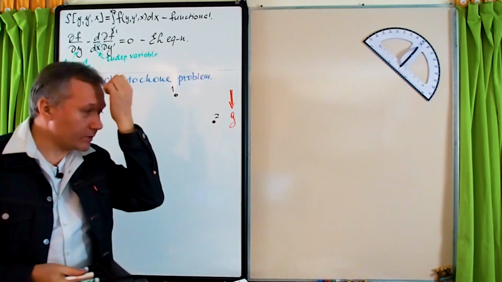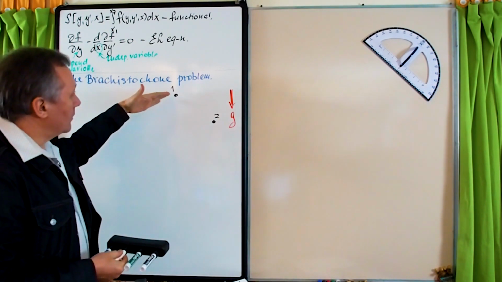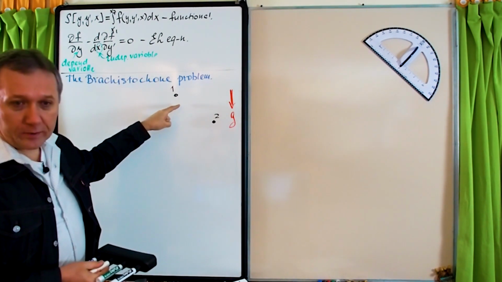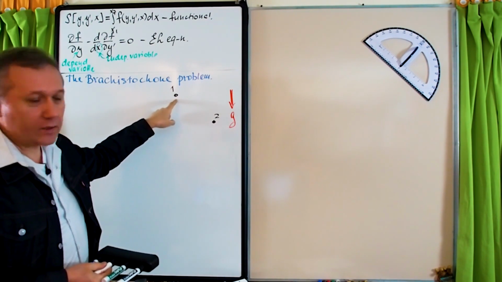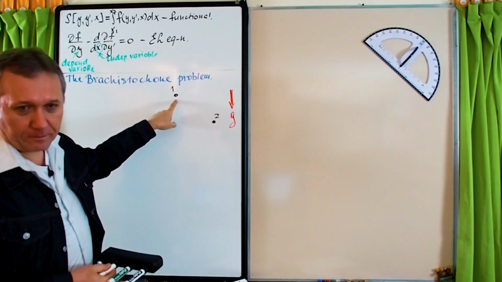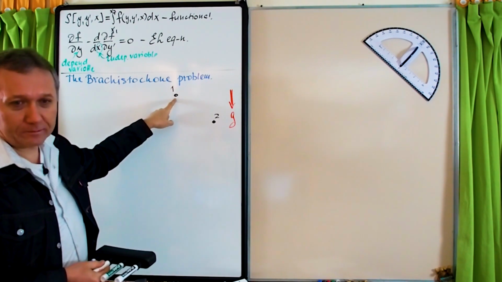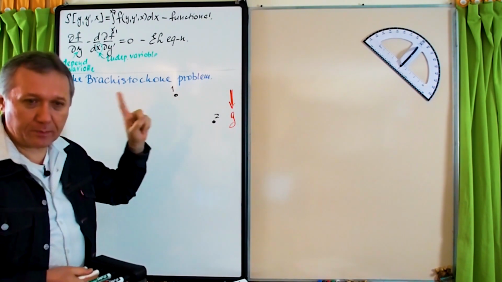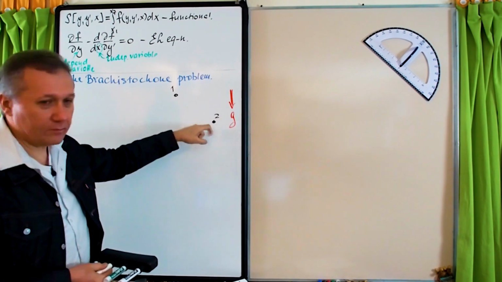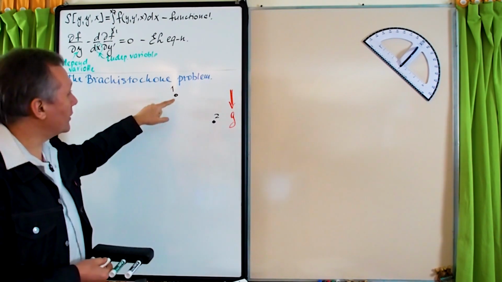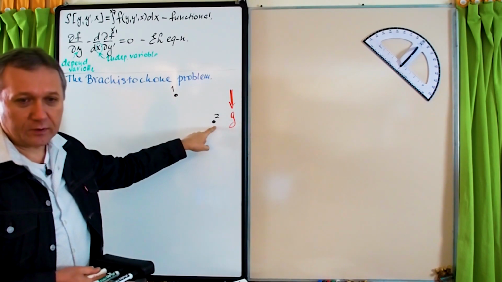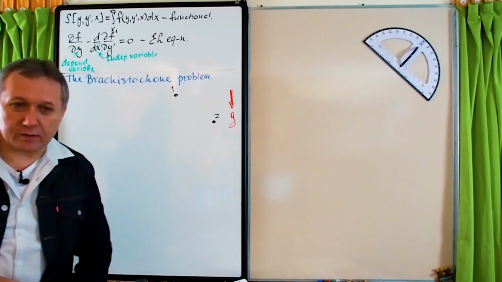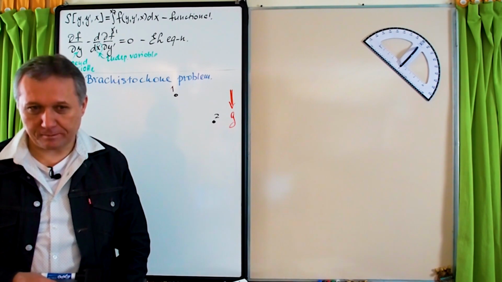Now the problem is, we want to release some object, maybe a roller coaster car, from point 1, and find the path, basically a function, so that when this car moves from this point to that point, it takes the smallest amount of time.